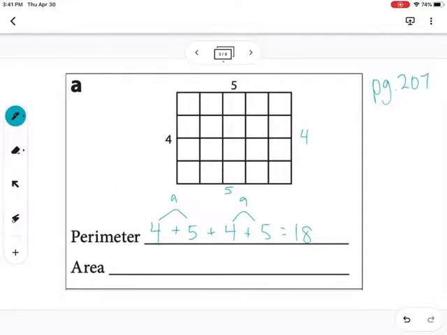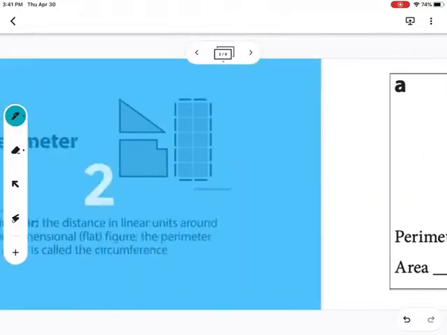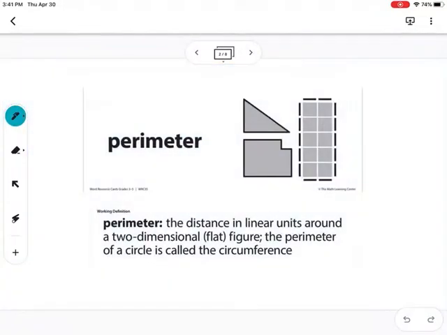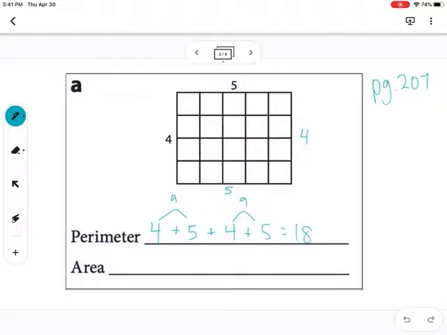Now we need to find the area. Let's remember the area is the total number of square units needed to cover a two-dimensional surface. The total number of square units. Well, I could count them, but we know how to do this a lot faster. We know about multiplication.